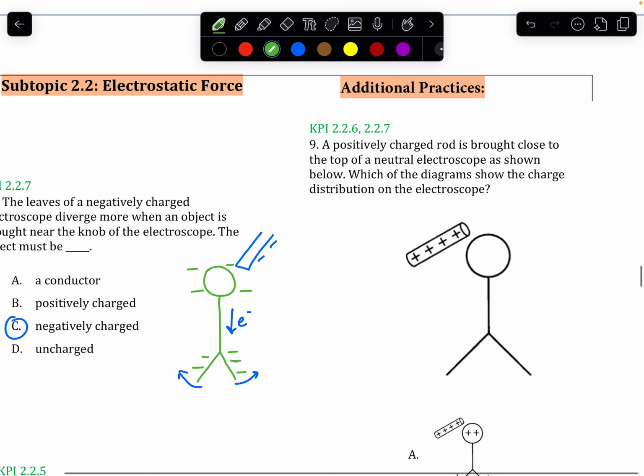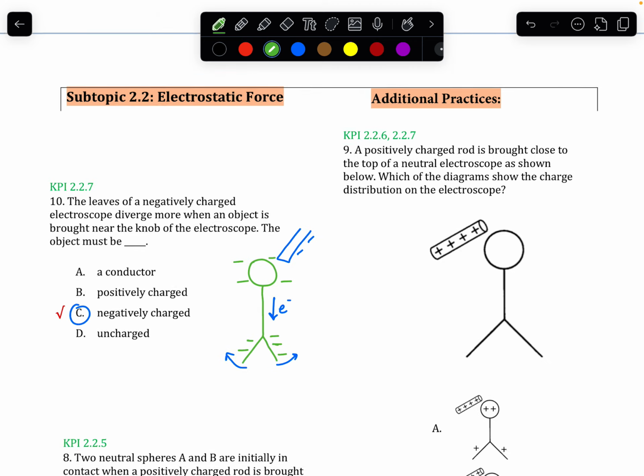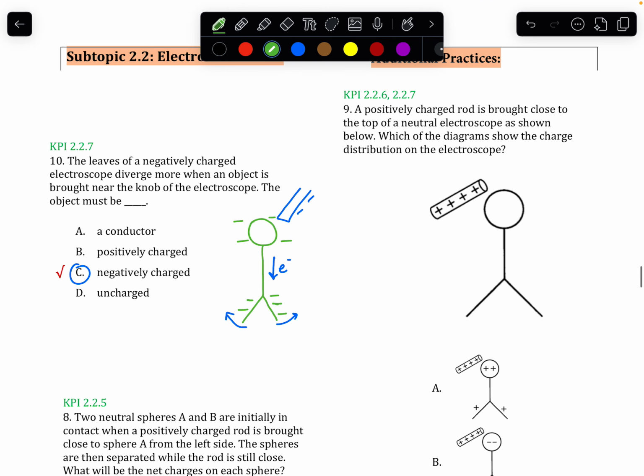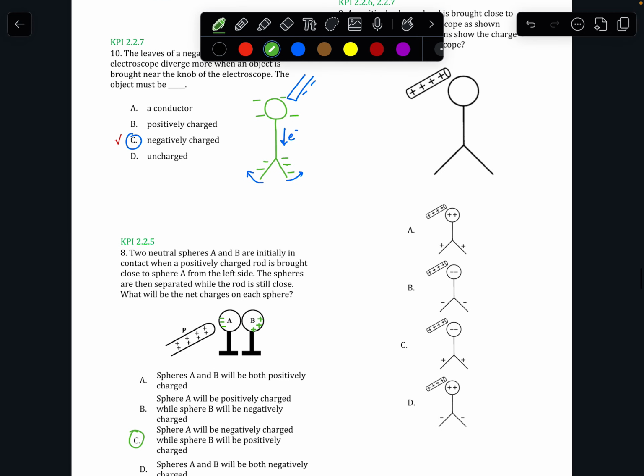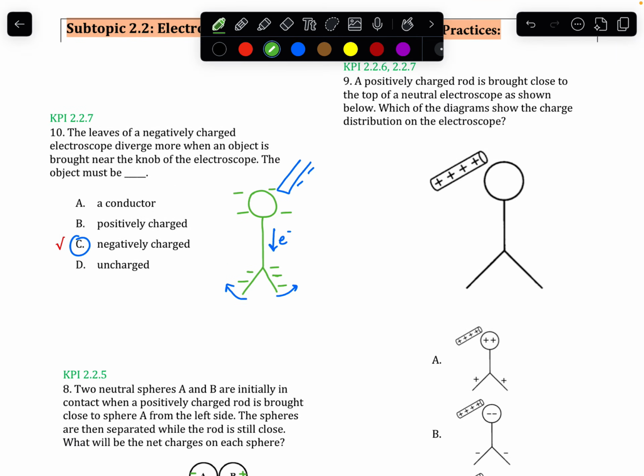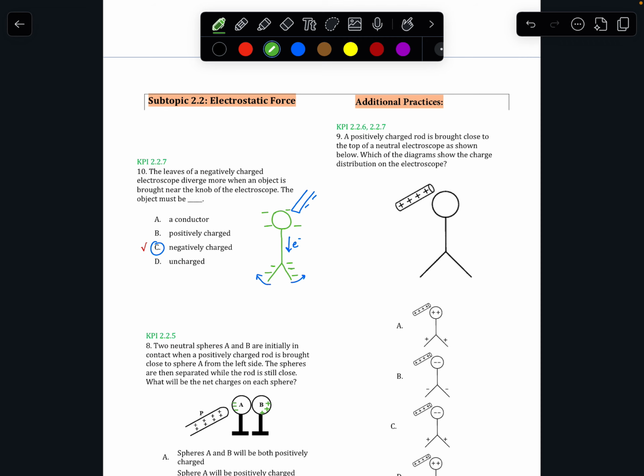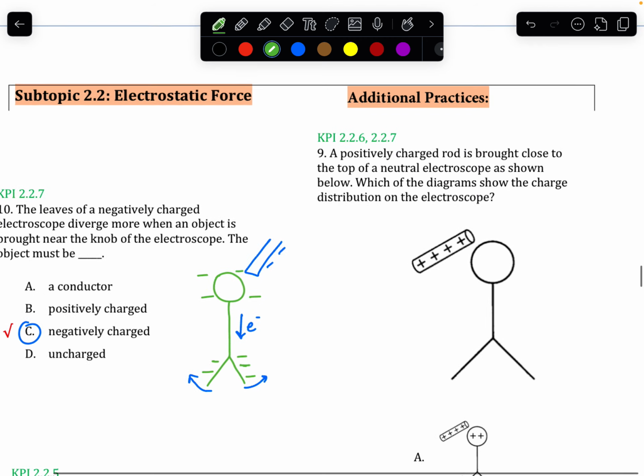Here I have a positively charged rod brought close to the top of a neutral electroscope as shown below. Which of the following shows the charge distribution on the electroscope? So it is a neutral electroscope.